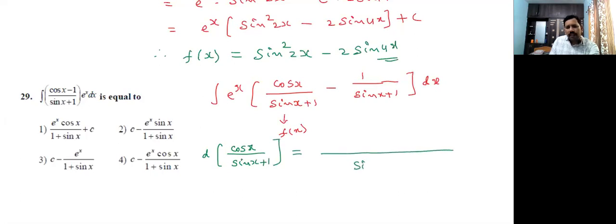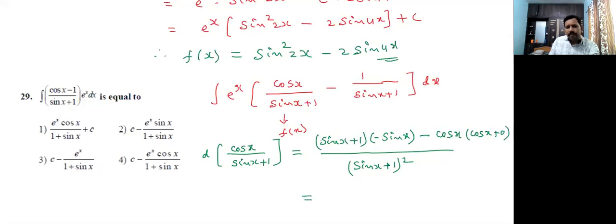So we get sin x plus 1 whole square in the denominator, and the numerator is sin x plus 1 into the derivative of cos x, which is minus sin x, minus cos x, which is constant, into the derivative of sin x plus 1, that is cos x plus 0.